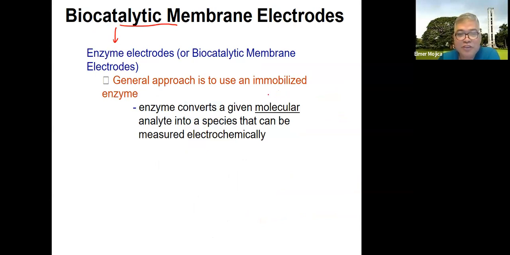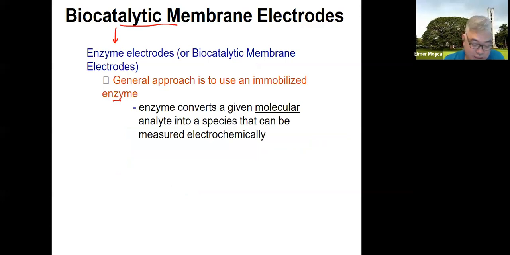And the general approach is to immobilize an enzyme. So you're familiar with what an enzyme is, right? It's a biological catalyst. What it does is convert a given molecular analyte into a species that can be measured electrochemically. Okay.